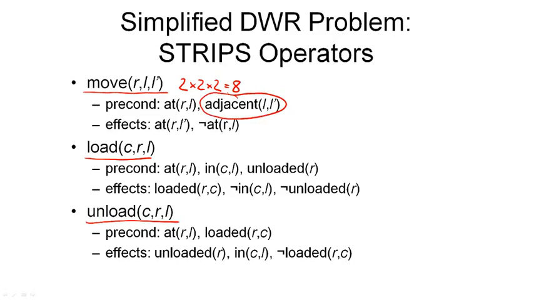That is, this relation never changes from any world state to another. So when we translate our operators into actions, we can exploit that. We now know that for this operator, there are two possible robots. And for this pair, L and L prime, there are two ways we can satisfy the adjacent relation as defined in our problem. That means we have to multiply this by 2, giving us 4 actions that are possible in this problem.